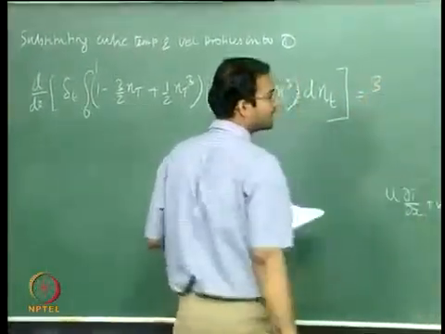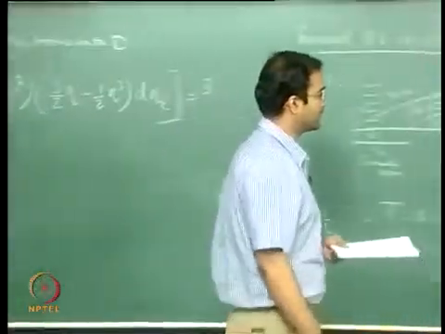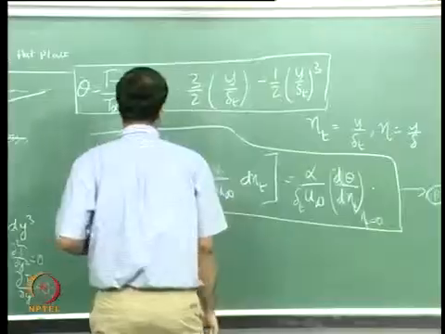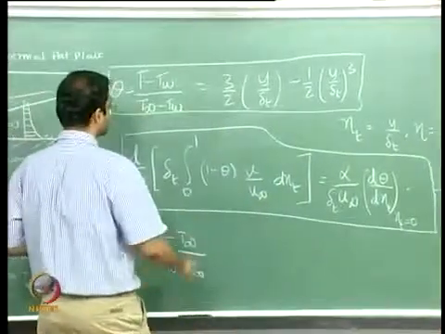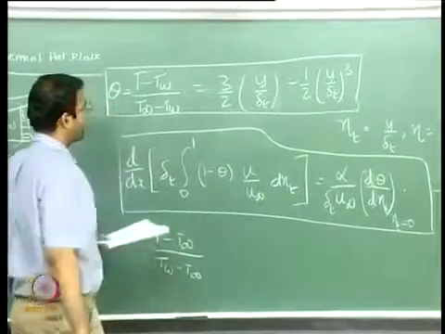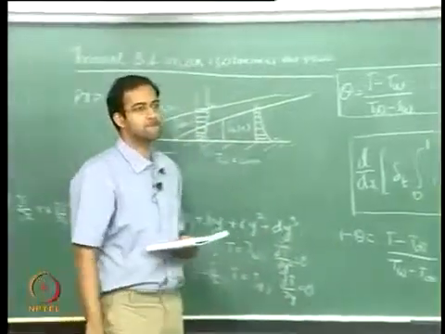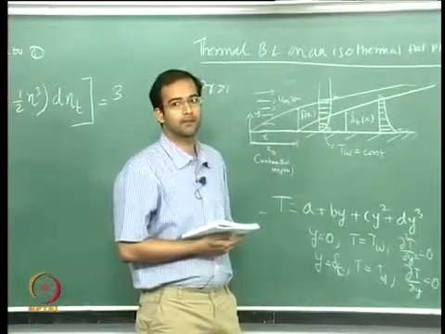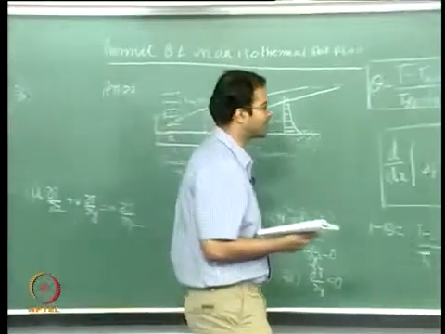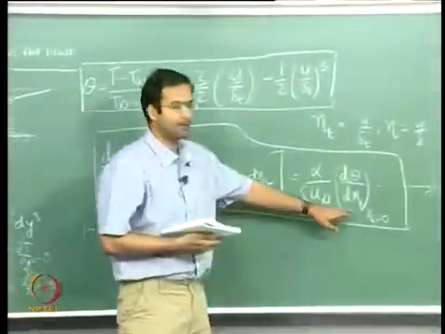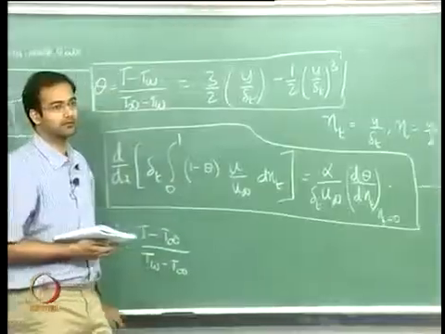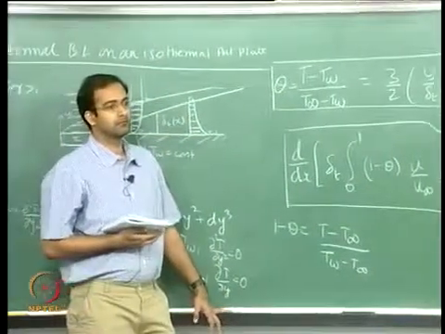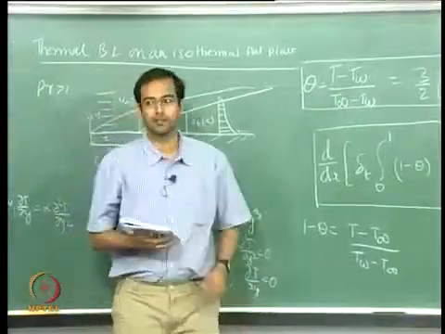On the right hand side, now, what is d theta by d eta t? Okay, so this is my theta, d theta by d eta t at eta t equal to 0, 3 by 2, that is it.